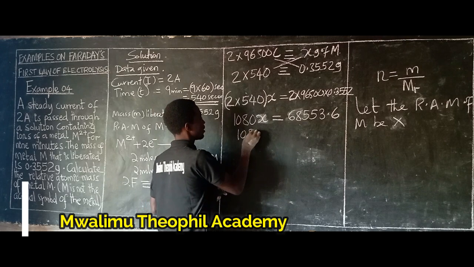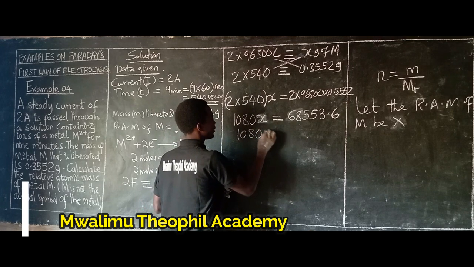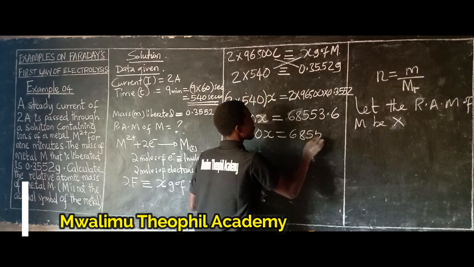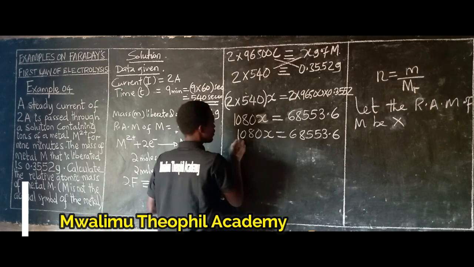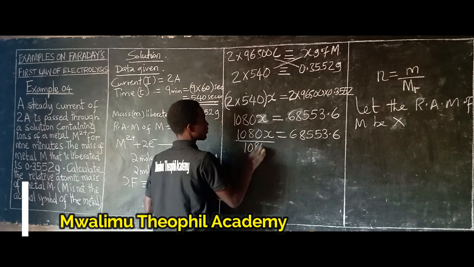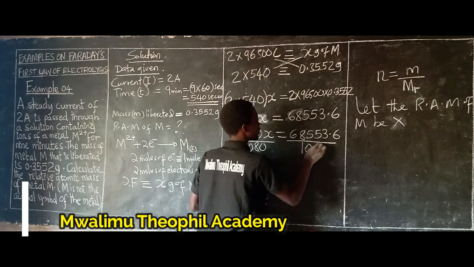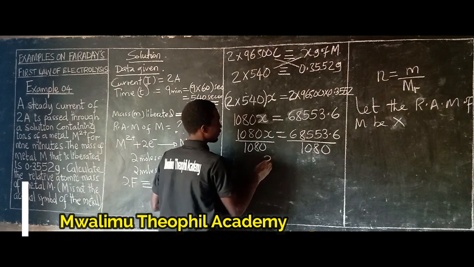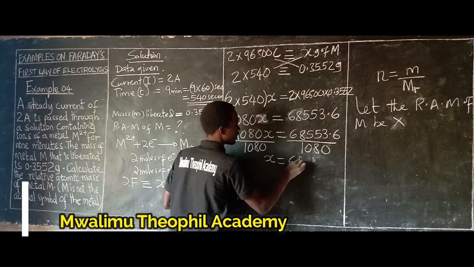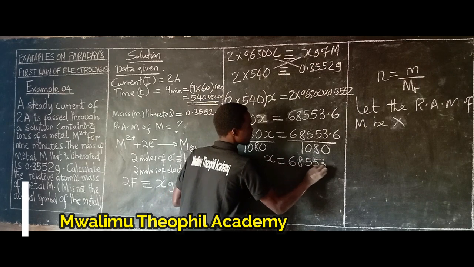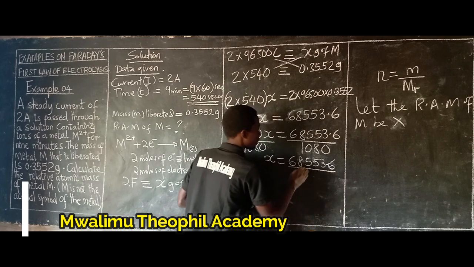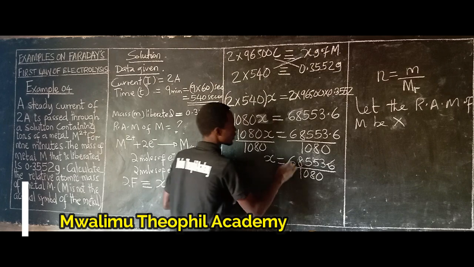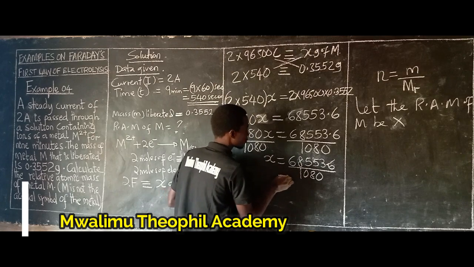Now, after that, we get X by dividing by 1080 both sides. So we divide 68,553.6 by 1080 both sides. Now we are going to get X will be equal to 68,553.6 over 1080.